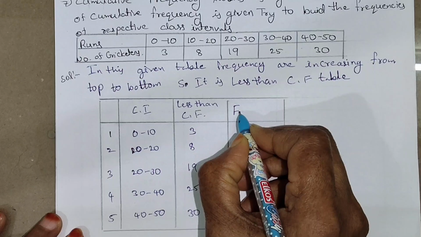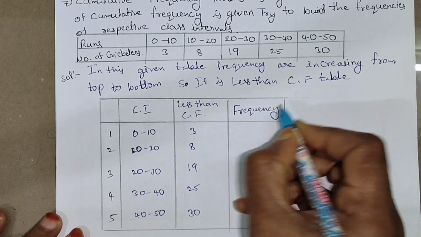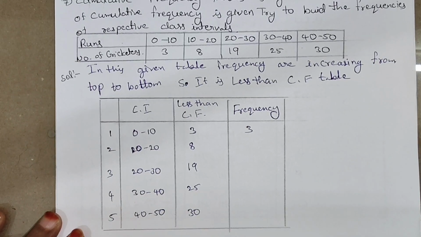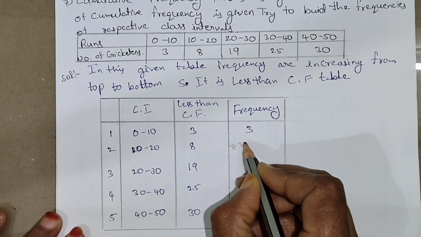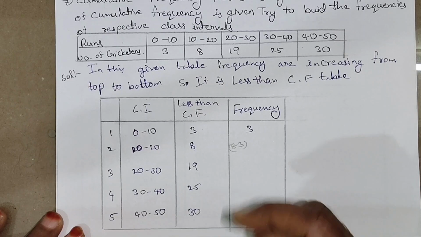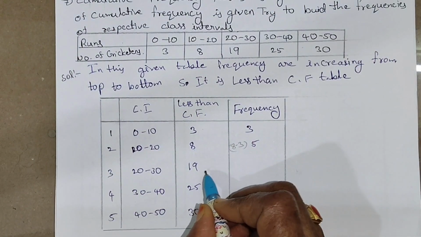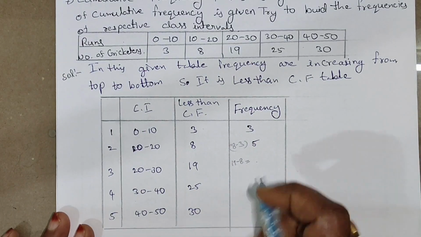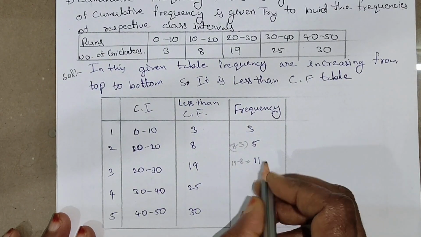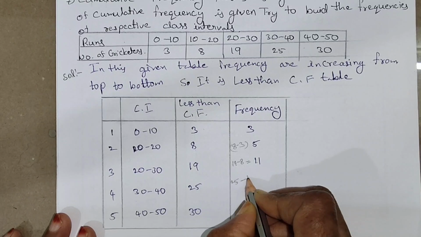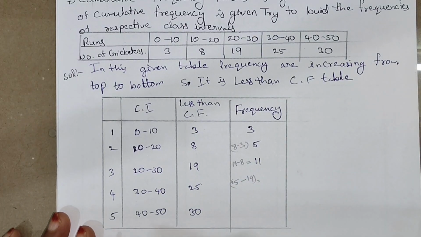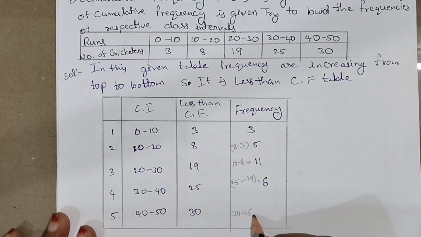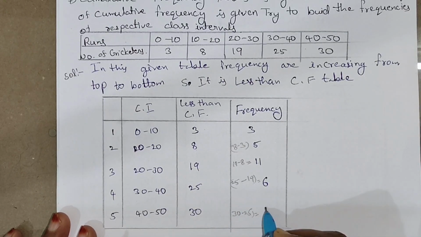Now we write the frequency. The first number we write as it is. Next we write 9 minus 3, which is 6. Now 19 minus 9 equals 10. Next, 25 minus 19 equals 6. The last one is 30 minus 25, which equals 5.